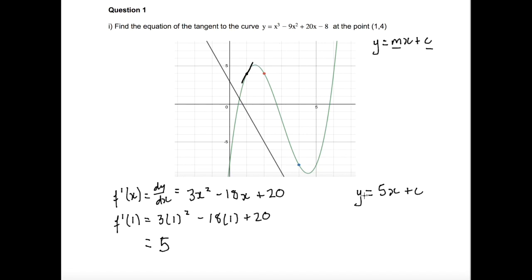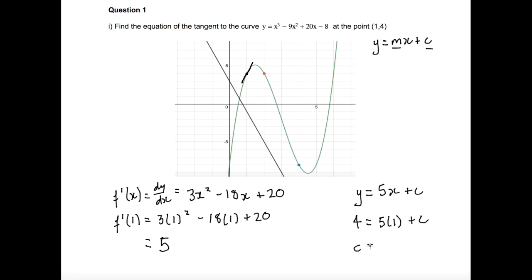So the next thing we need to do is substitute in a point that we know is on this line. We know that this point here, (1, 4), is on the line of the tangent, and it's also on the curve. So we can substitute in that point to find the c value. We know that when y is equal to 4 on that line, our x value is equal to 1, so 4 equals 5 times 1 plus c.